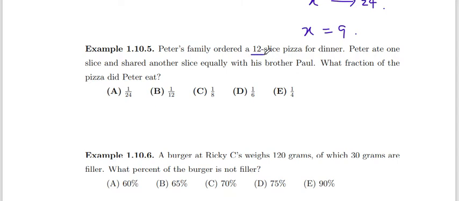Okay. 12 slices of pizza for dinner. This is about a fraction or ratio, quite the same. Peter eats 1 and shares another slice equally with his brother. So we have 12, he eats 1, and shares another slice equally with his brother.